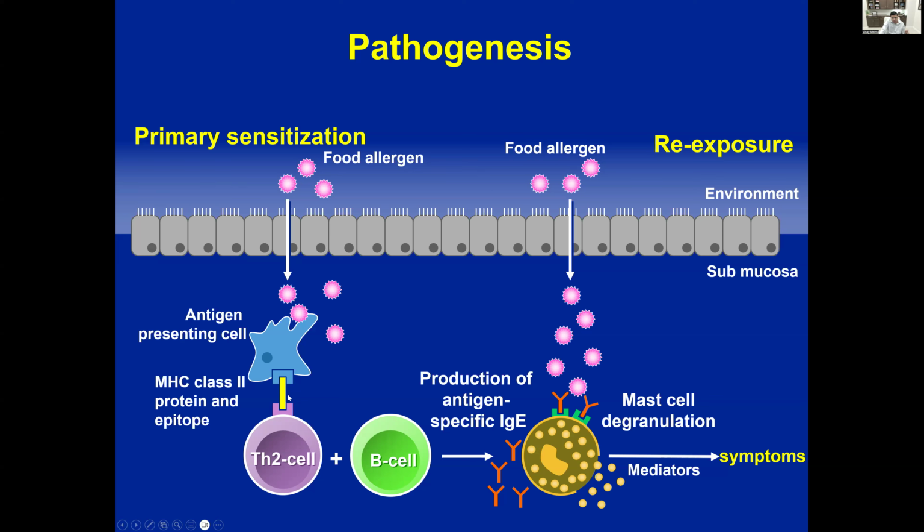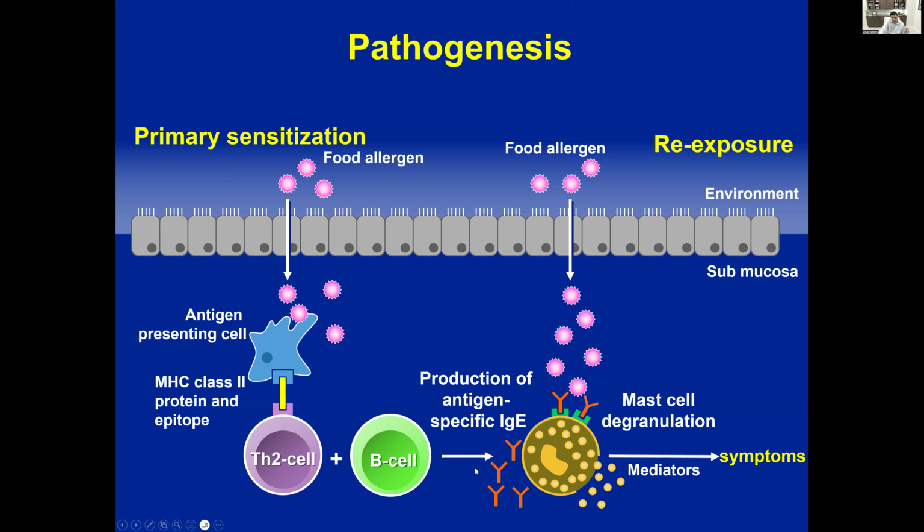An epitope is a very tiny portion of this peptide. And in the presence of interleukin 5, interleukin 4, interleukin 13, it will cause a B cell to produce IgE. So the B cell is now producing IgE against this particular peptide.